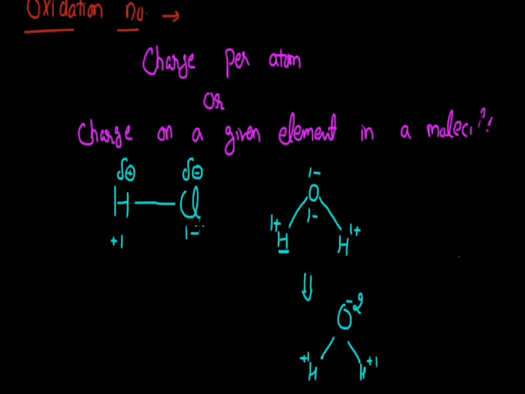So if we calculate the charge of elements present in a molecule, considering the electronegativity of the elements connected with each other, then this kind of imaginary charge is termed the oxidation number. Basically, it's an imaginary or arbitrary concept, but sometimes when we talk about ionic compounds, this charge is considered the real charge.